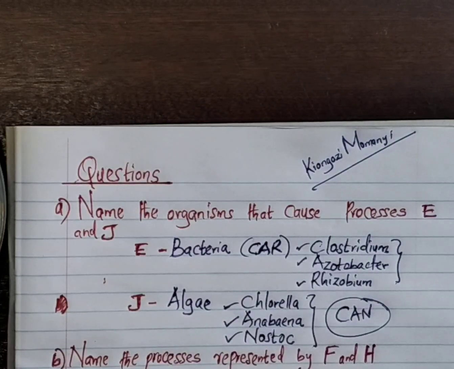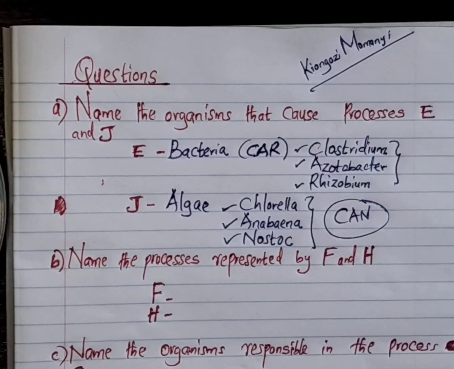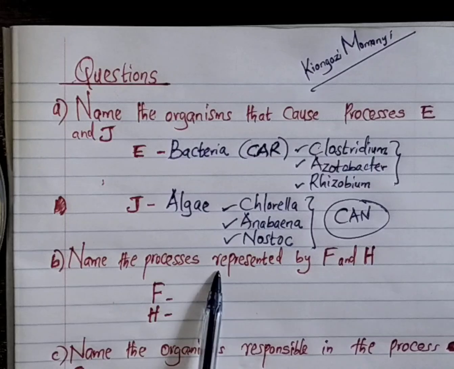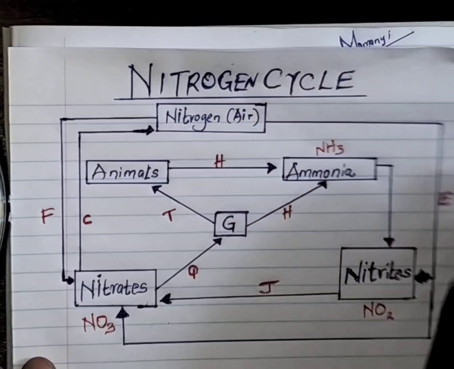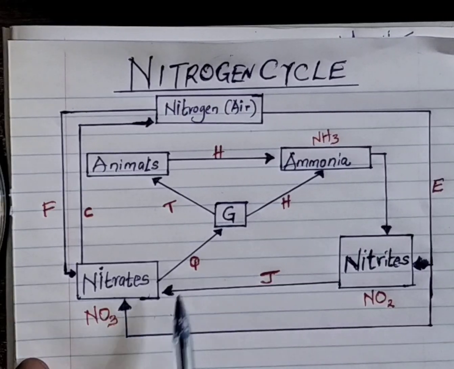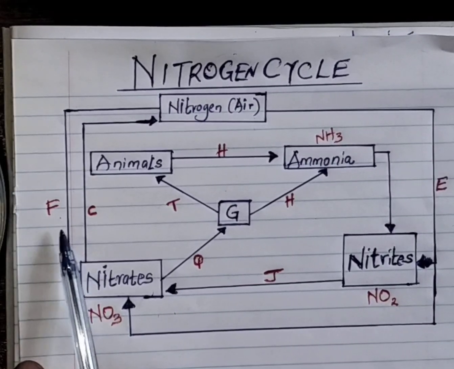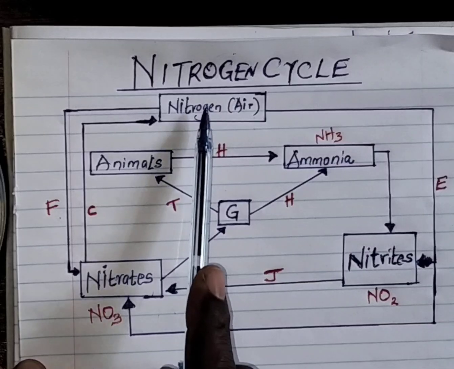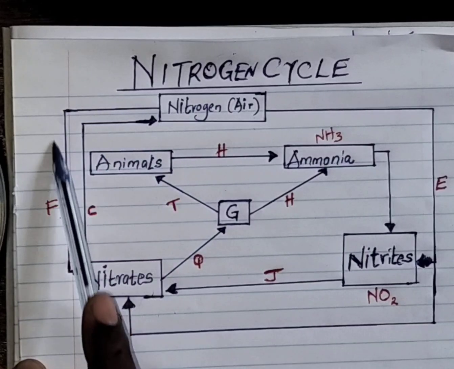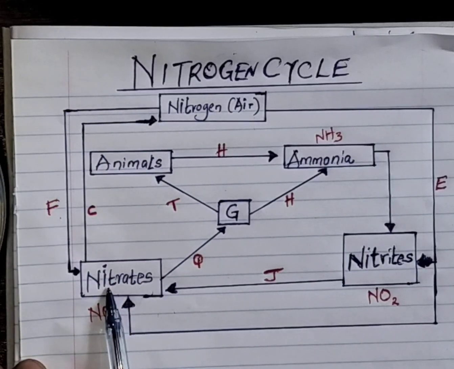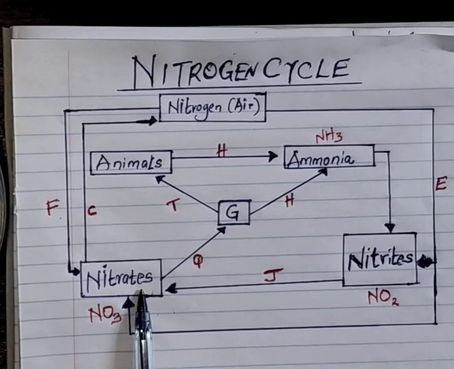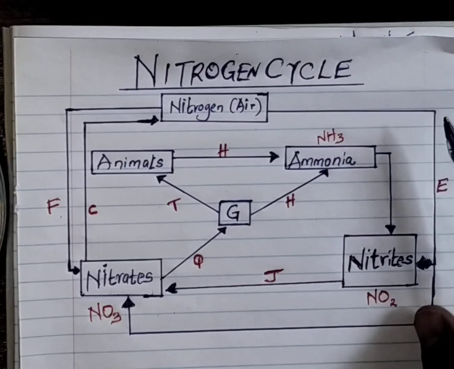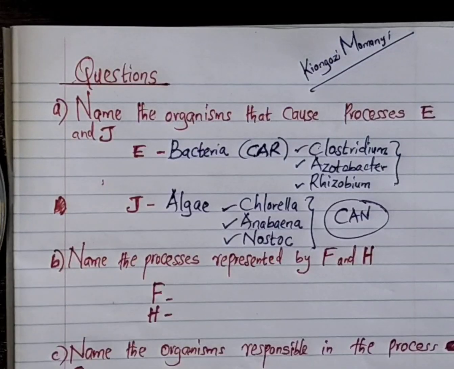Second question. Name the processes represented by F and H on our chart. F is a conversion of nitrogen in the air, actually physically, to forming nitrates. This one is by lightning. It is not a biological process.